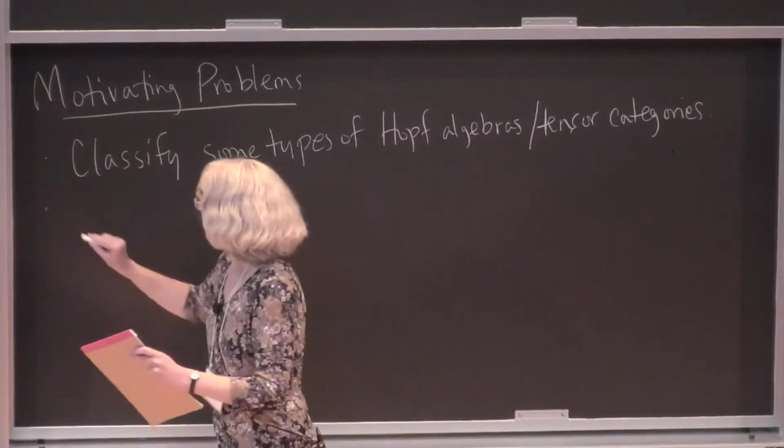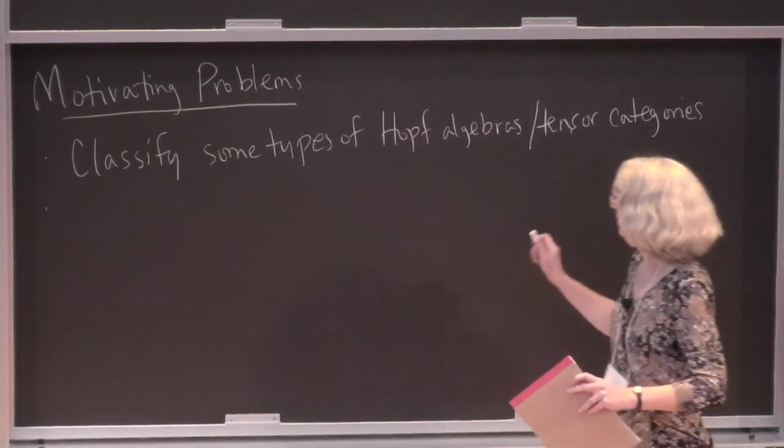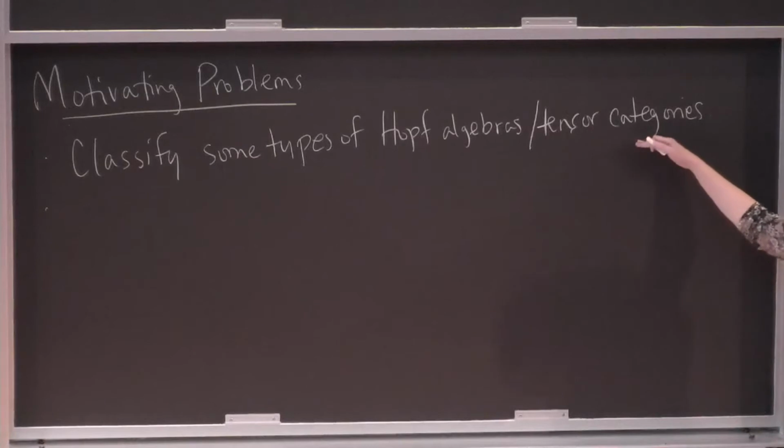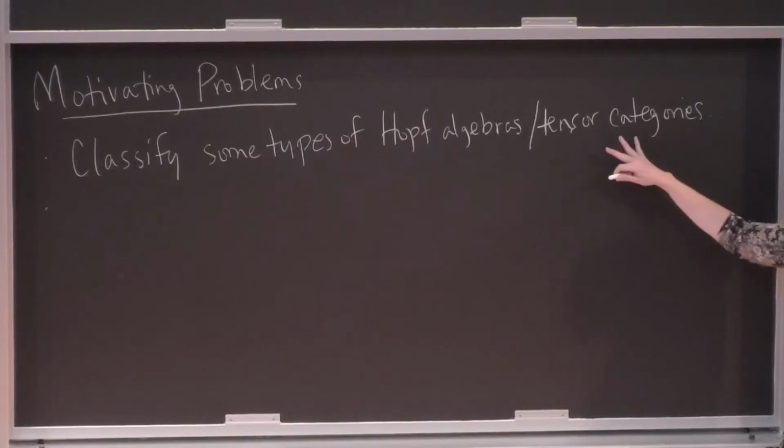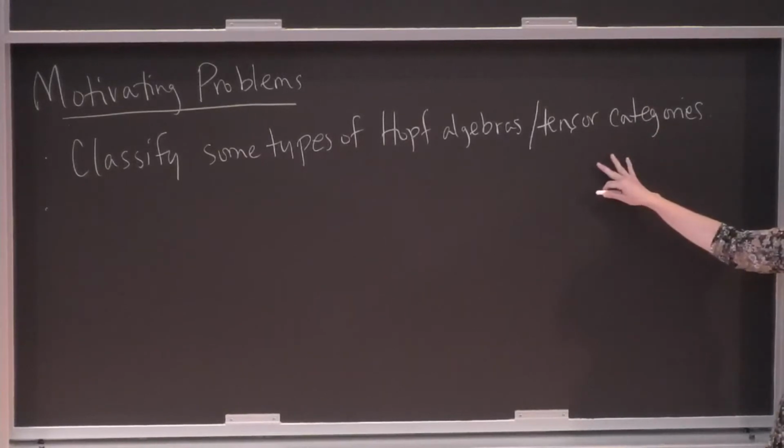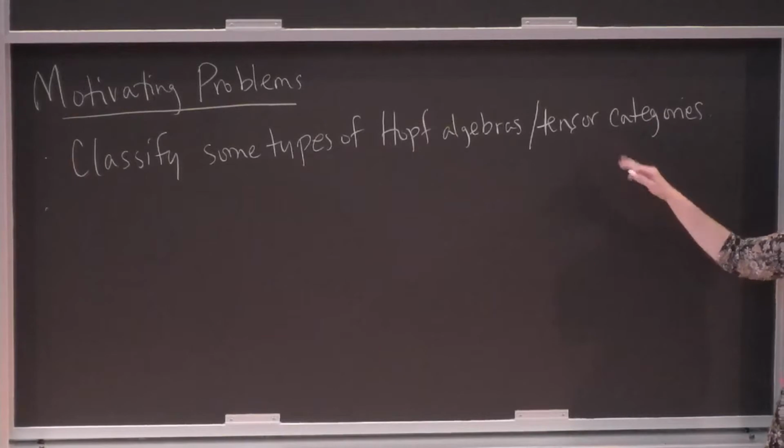So if your Hopf algebra is semi-simple, your tensor category is semi-simple, then if you understand the simple objects or modules and how their tensor products look, then you have a lot of information about what it looks like. If it's not semi-simple, then there can be very complicated ways that simple objects are put together or simple modules are put together to form all of them.